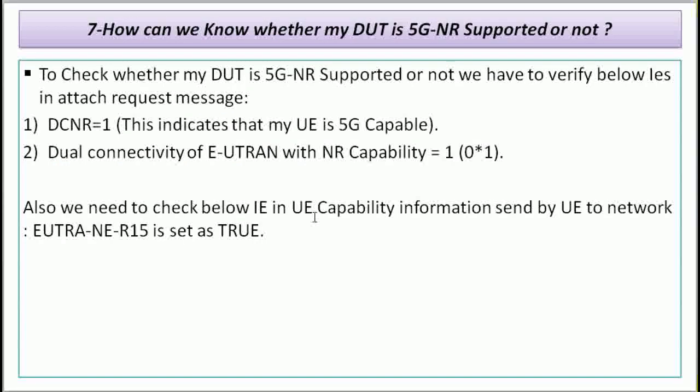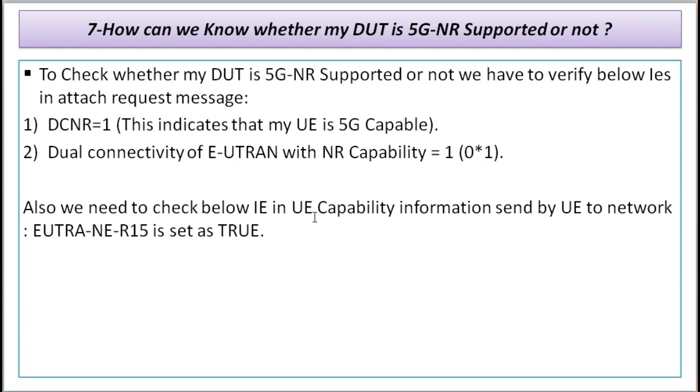Okay, our next question is, how can we know whether my DUT is 5G NR supported or not? Which handset we are using, is it 5G supportable or not? To check whether my DUT is 5G NR supported, we have to verify the attach request message below. The first point is DCNR equal to 1, which indicates that my UE is 5G capable.